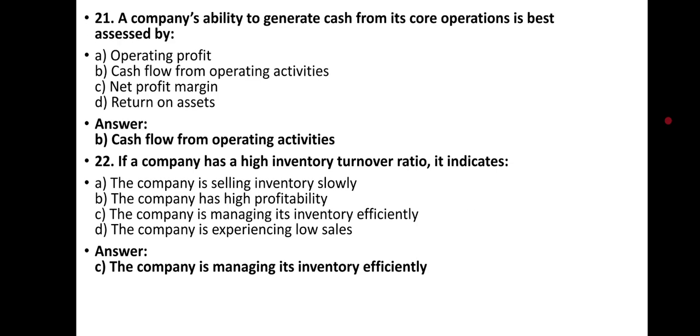Next question we have, a company's ability to generate cash from its core operations is best assessed by, and the right answer is B, cash flow from operating activities. Next question we have, if a company has a higher inventory turnover ratio, it indicates, and the right answer is C, the company is managing its inventory efficiently.